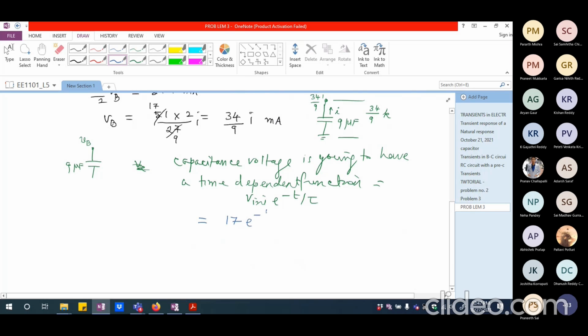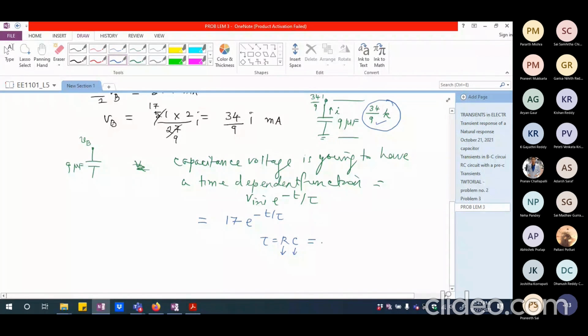And I'm going to have minus t by tau, where tau is the RC time constant, which consists of its own capacitance value and the resistance visualized by the capacitance itself. And we just said that the resistance visualized by the capacitance is 34 by 9K, because the current that is flowing is I, and the voltage seen here is 34 by 9 multiplied by I. So the capacitance is visualizing a resistance of 34 by 9K.